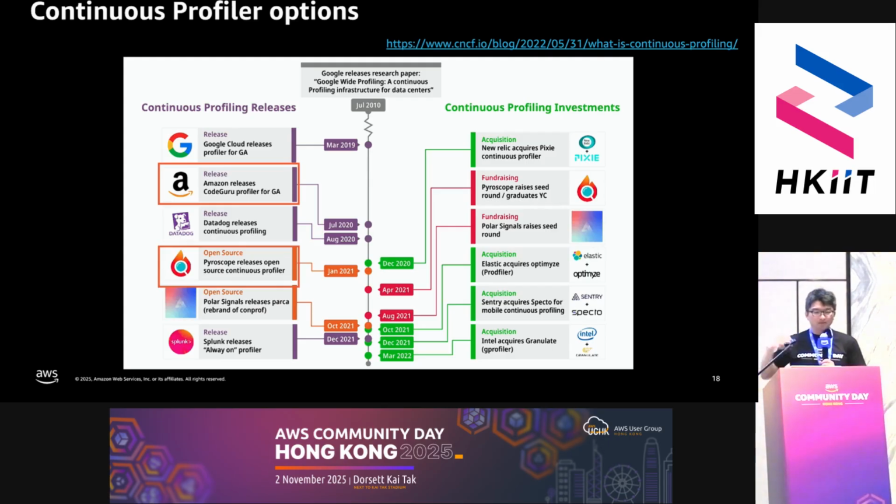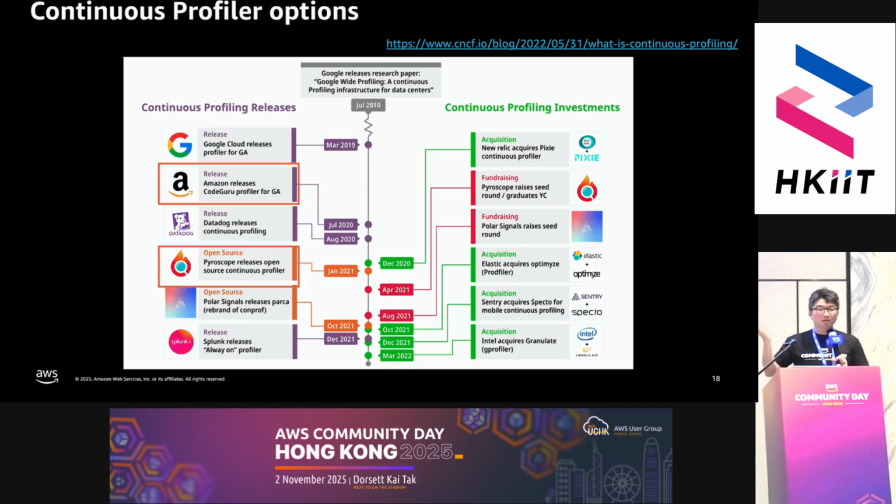And continuous profiler solutions are available on many platforms. For example, in the case of AWS, we provide CodeGuru. There's also an open source solution, which is called Pyroscope. It is now part of the Grafana solutions, and in the case of AWS, we have Managed Grafana, so you can enable Pyroscope as well.